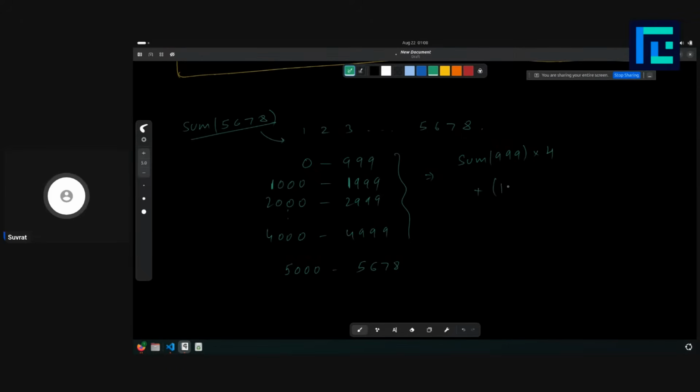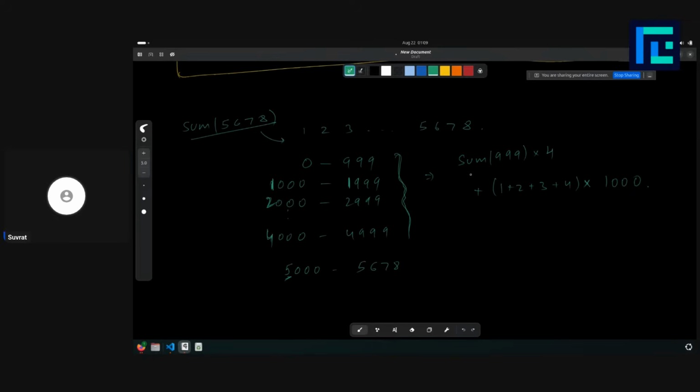So plus 1 plus 2 plus 3 plus 4 into basically 1000, because 1 is occurring 1000 times, 2 is occurring 1000 times, and 3 and 4 are also occurring 1000 times. So we'll get this sum, right? But we cannot write the same for 5, because 5 does not occur 1000 times, and sum of this would not be sum of 999.